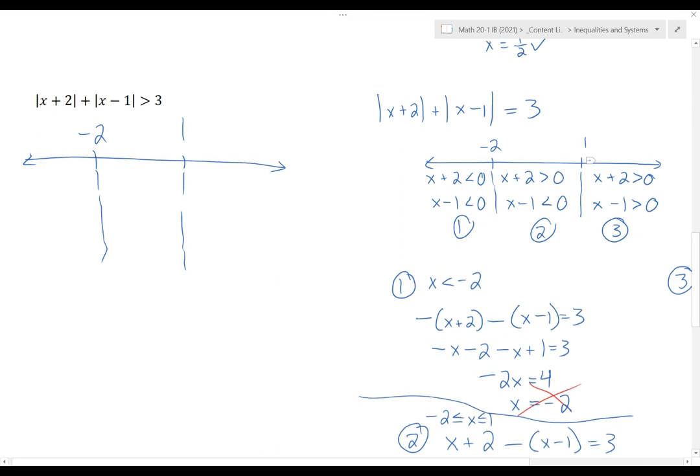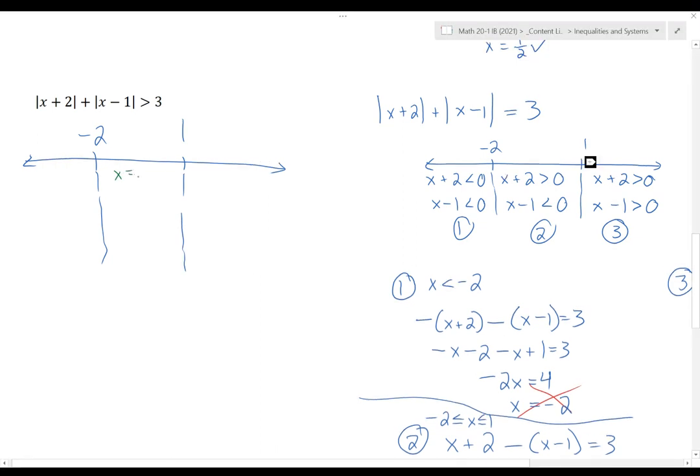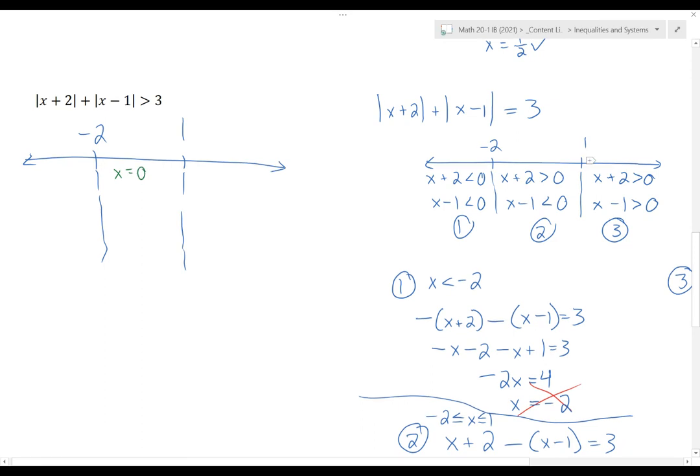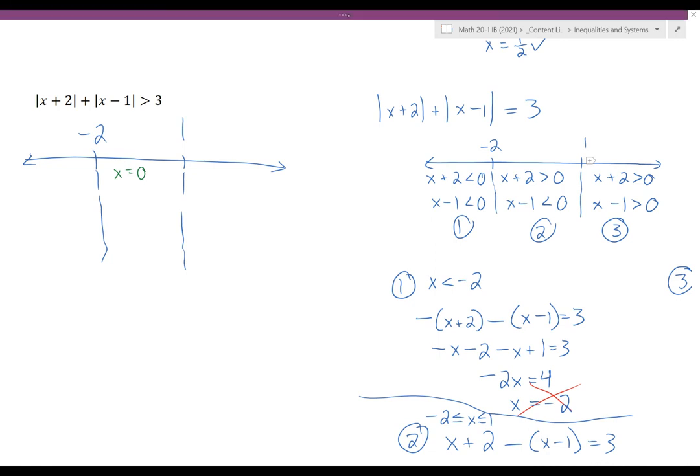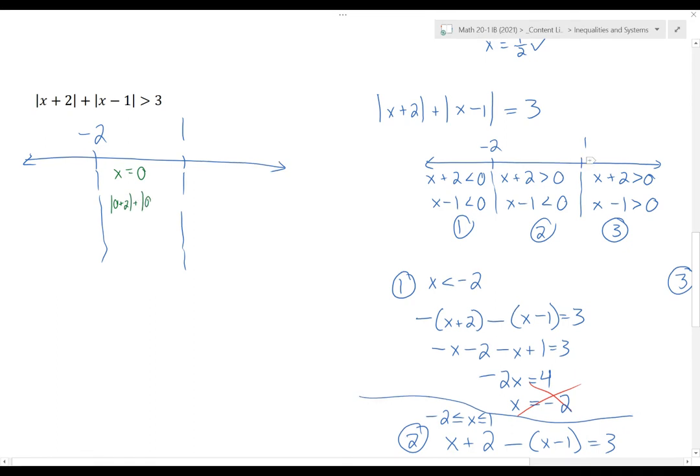Now, I already know what's going to happen if I pick a number between negative 2 and 1. If I pick x equals 0, for example, I already know that at that point, it's going to be equal to 3. And I don't actually want it to be equal to 3. So in this point, I've got the absolute value of 0 plus 2 plus the absolute value of 0 minus 1. That equals 3. And that would be true no matter what number I picked between negative 2 and 1.